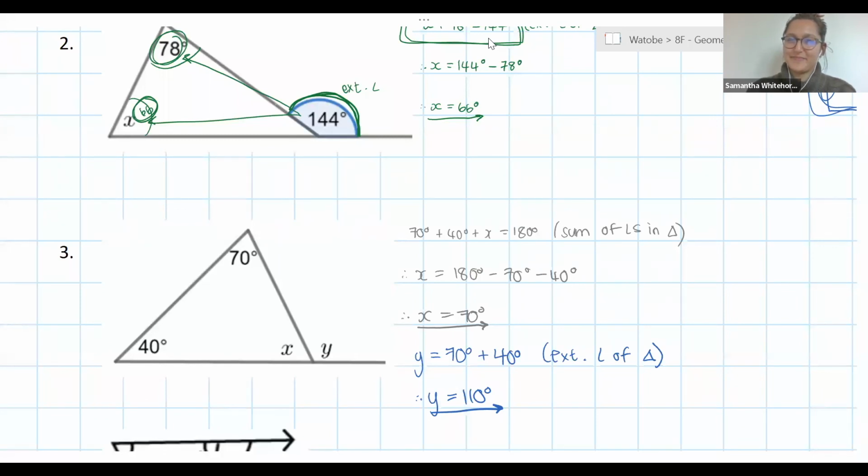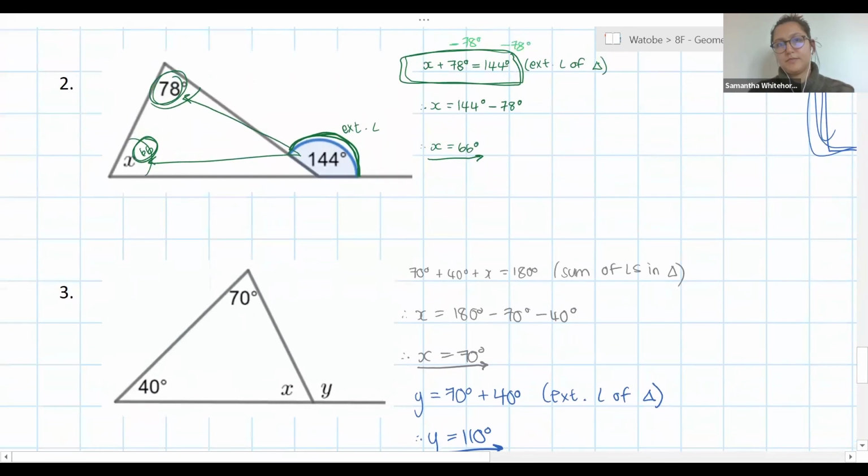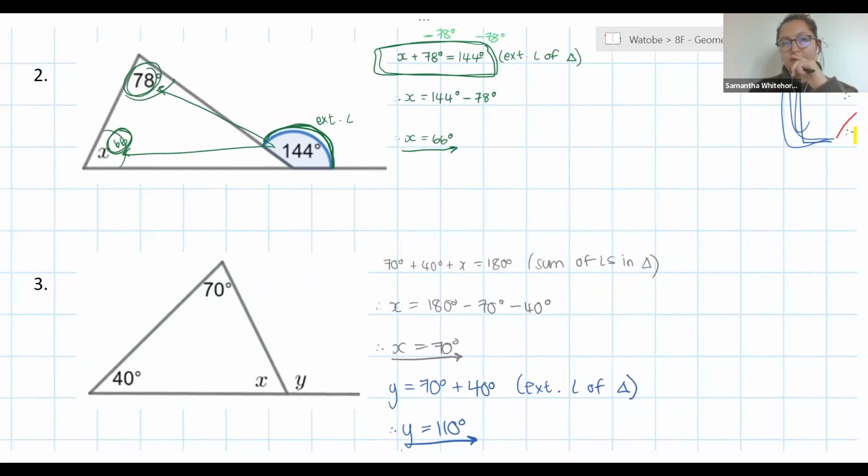Yes, ma'am. I wanted to ask, on question 2, like I said, X equals 70 plus 40 equals 180 degrees. Is it fine or is it wrong? Say that again for me, sorry. X equals 70 degrees plus 40 degrees equals 180.